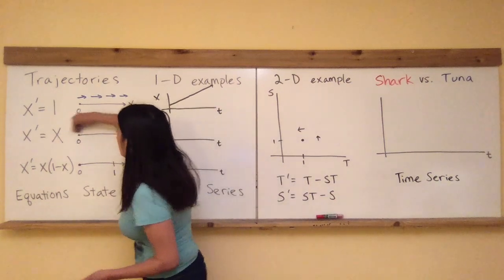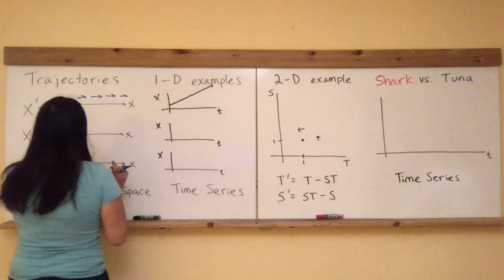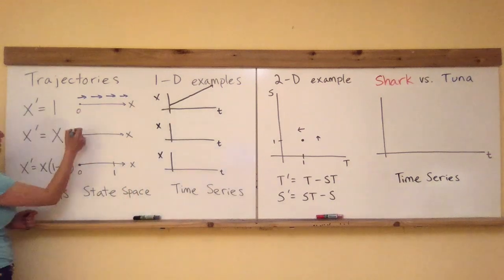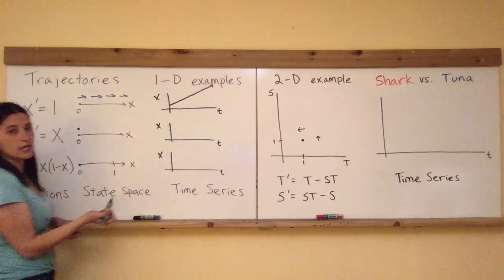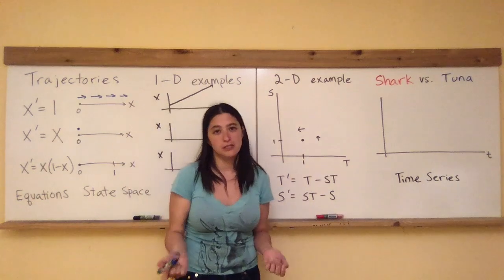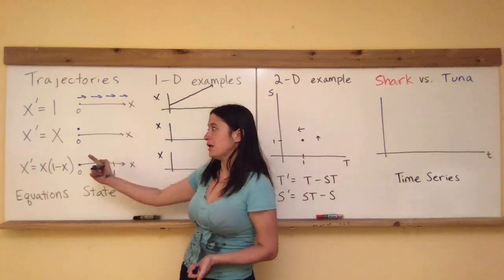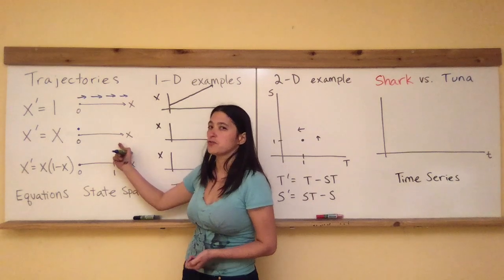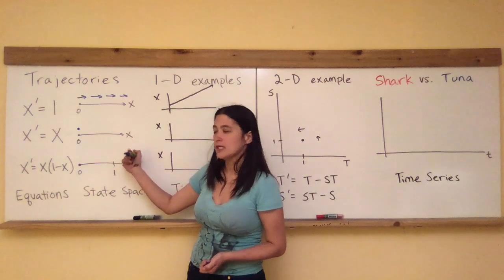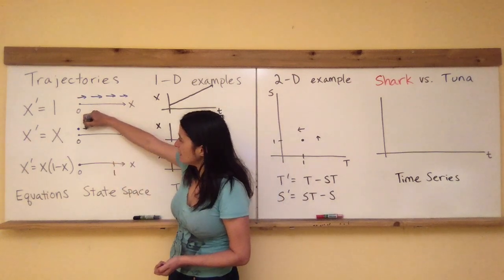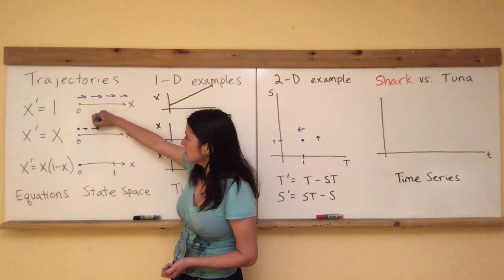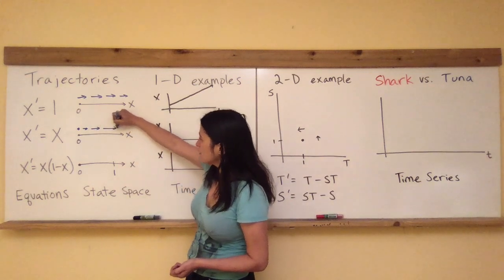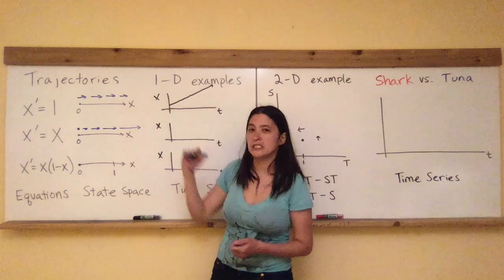So the vector field's value at the point x equals 0 is simply equal to 0. Now, because x prime is equal to x, as I march forward in greater and greater positive values of x, I'm going to end up getting vectors for my vector field that are larger and larger and larger still.